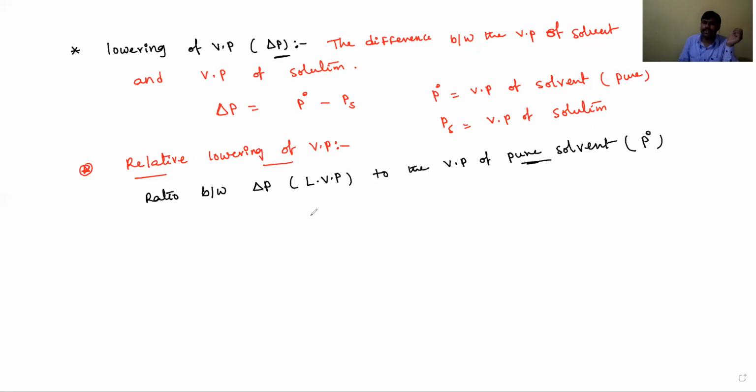This is known as relative lowering of vapor pressure, RLVP. RLVP is delta P by P naught, which is P naught minus Ps by P naught.